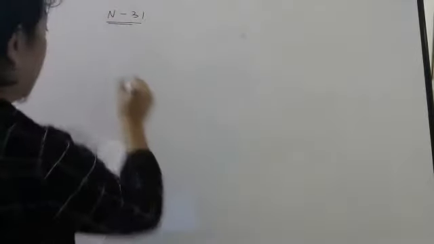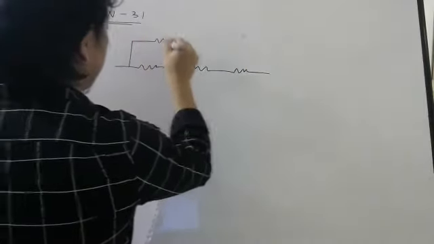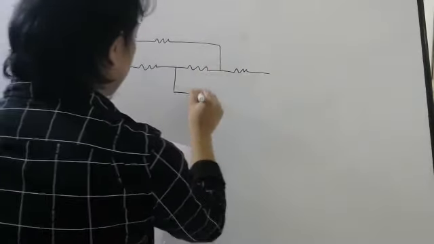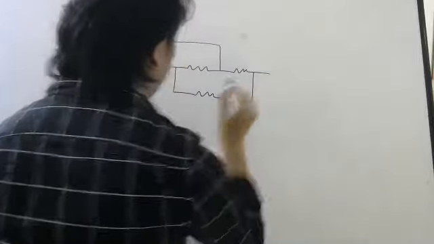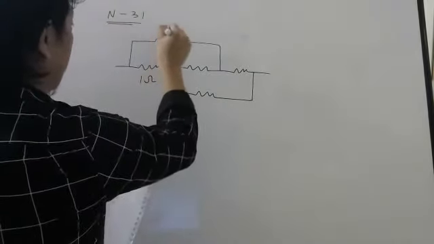Okay. So NEET question number 31. Just write the question carefully. They have given you a circuit like this. This is 1 ohm. This is 2 ohm.